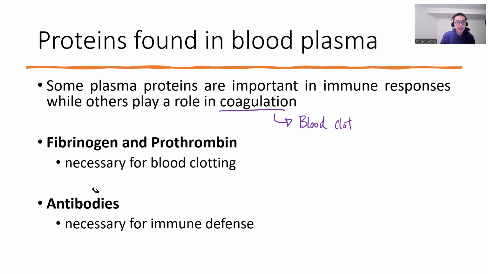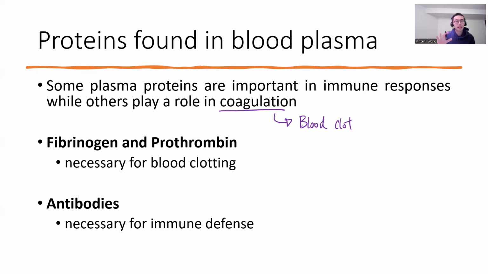Antibodies are necessary for immune defense. Antibodies are the ultimate defense weapon your body is capable of making. If the antibodies can't help you fight off the infection, then there is nothing much your body can do. Then you need basically medication to help you get better.